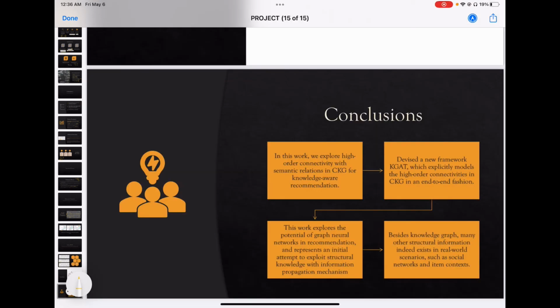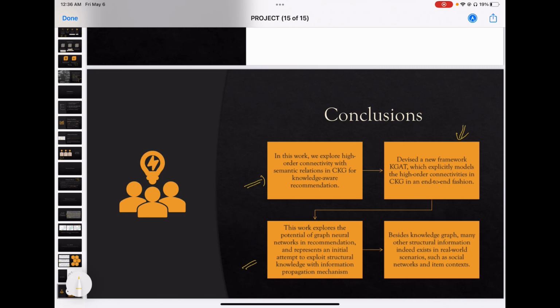Now, the conclusions of this work are as follows. We explore high-order connectivity with semantic relations in CKG for knowledge-aware recommendation. Also, a new framework called KGAT is devised, which explicitly models high-order connectivity in CKG in an end-to-end fashion.